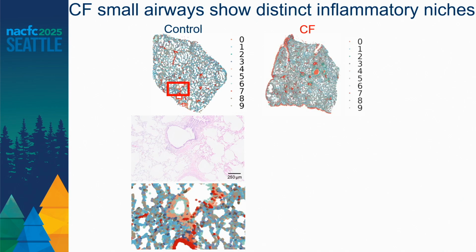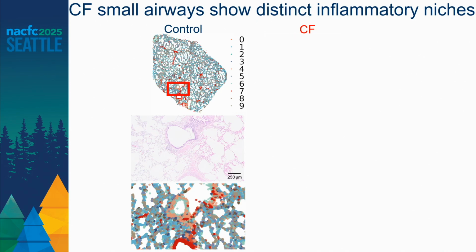So, for example, in this case, light green dots, maybe it's hard to see, reflect the airway epithelial cell layers, and red dots, at the bottom, are vascular regions.